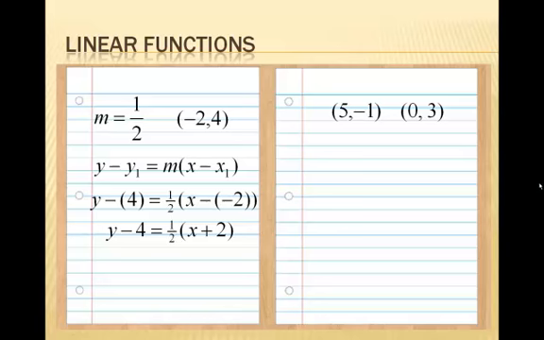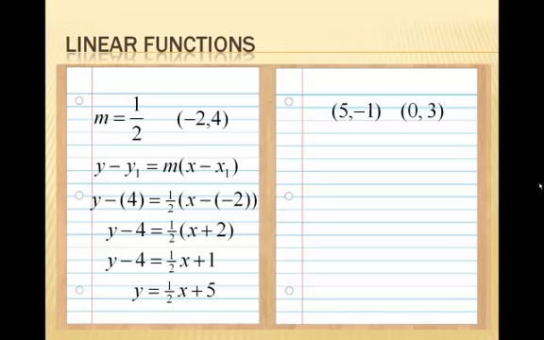Then I'll take care of the 1/2 in front of the parentheses by distributing it inside: 1/2 times x and 1/2 times 2. Lastly, to get y completely alone, I'll add 4 to both sides. And there you have it: the line is y equals 1/2 x plus 5. I can be guaranteed that it has a slope of 1/2 and that it definitely goes through the point (-2, 4). Not too bad.